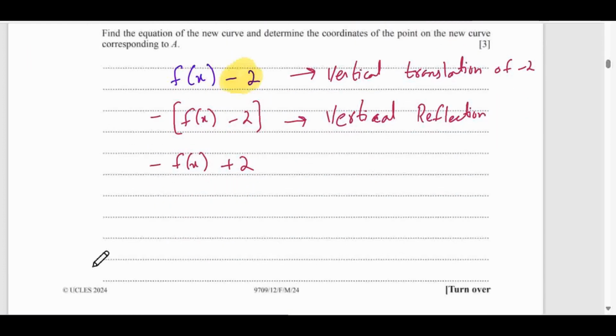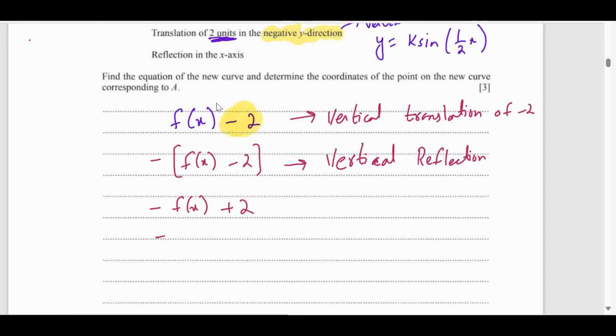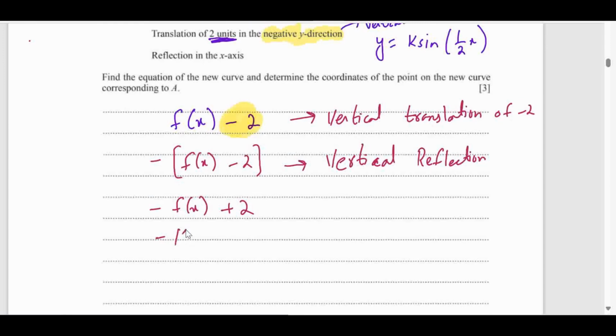Now find the equation of the new curve and determine the coordinates of the point on the new curve corresponding to point A. Now here we know that this will become negative k sine of 1 by 2 x plus 2. This will be the new equation.